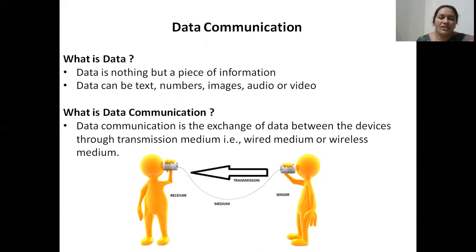This is known as data communication. Sending of information by a sender to the receiver through the transmission medium is called data communication. The transmission medium can be either a wired medium or wireless medium.